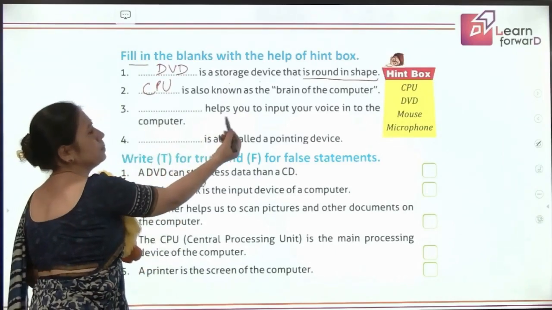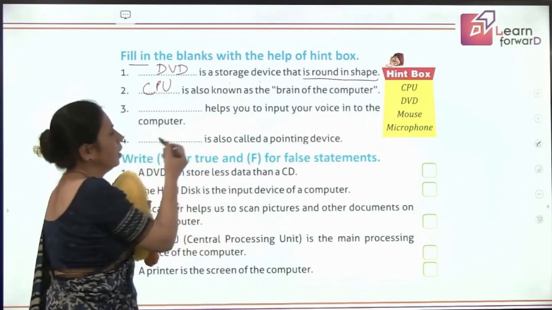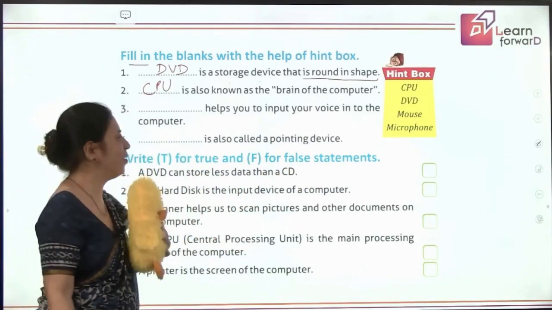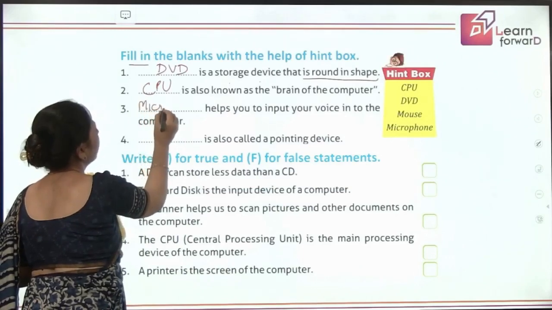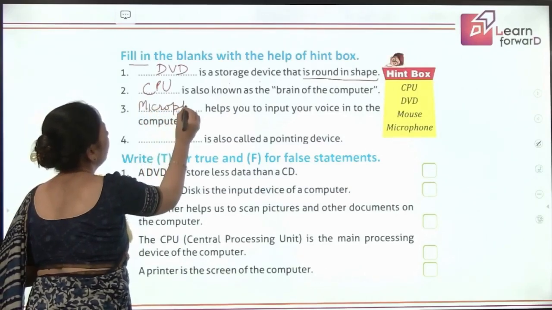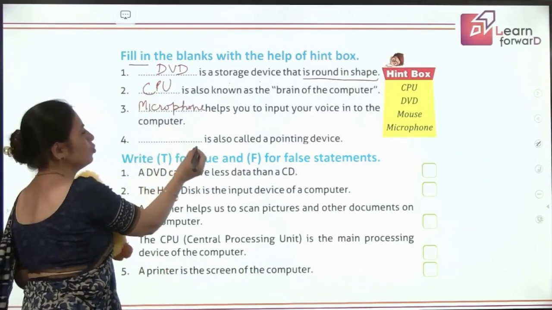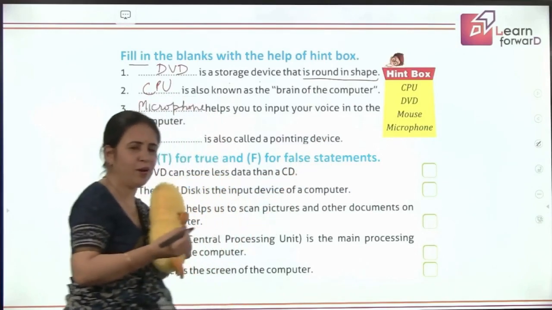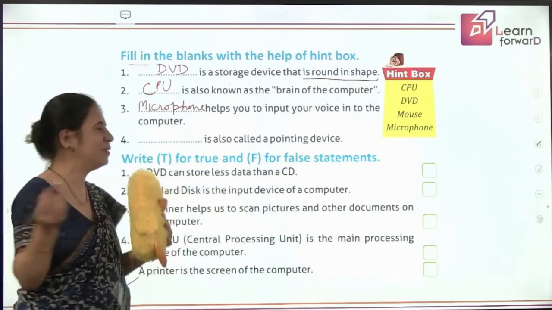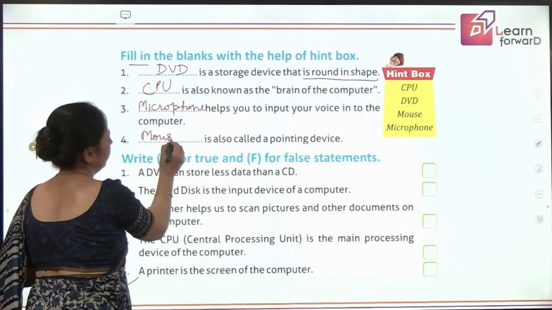Dash helps you to input your voice to the computer. Microphone. Very nice. So we write here microphone. And dash is also called a pointing device. Oh, wonderful. You answered it. Mouse. Very intelligent. So I'm writing mouse here.